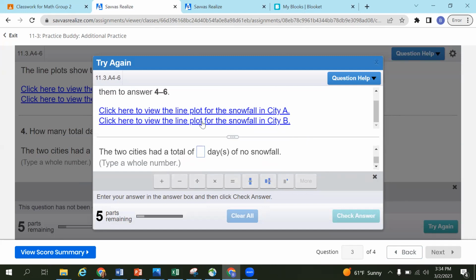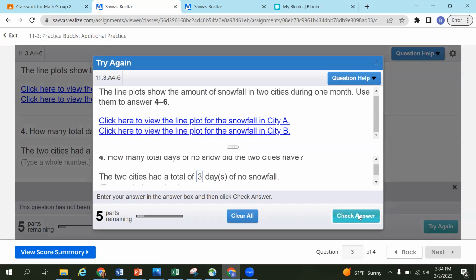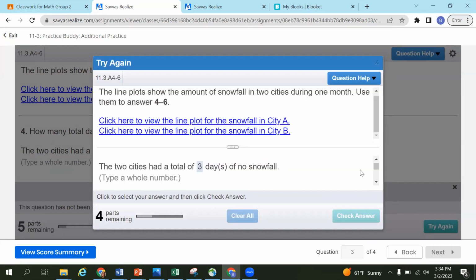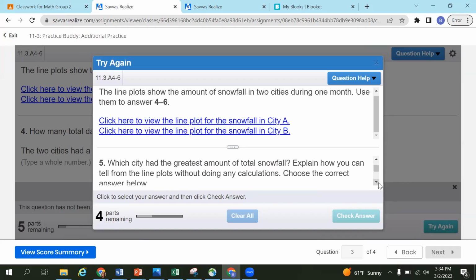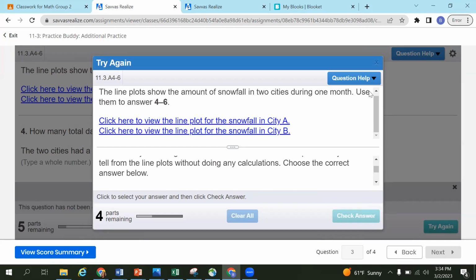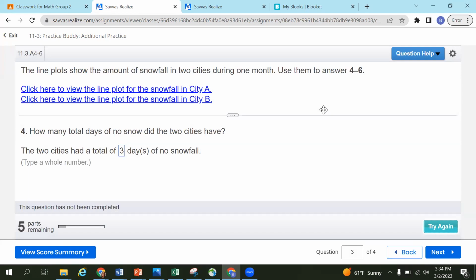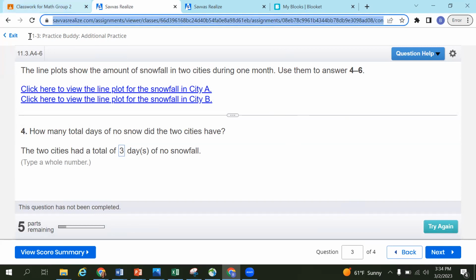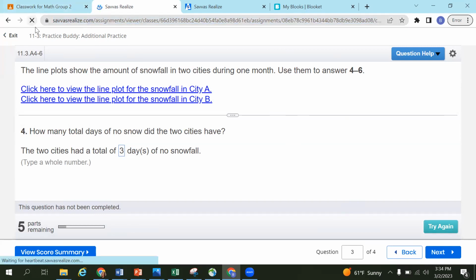In the 2, yeah, put the 3 there and hit check answer. Okay. Now see if you can close this again, this top right. And let's see if you can refresh the page. Can you hit enter there or that refresh button? There you go.